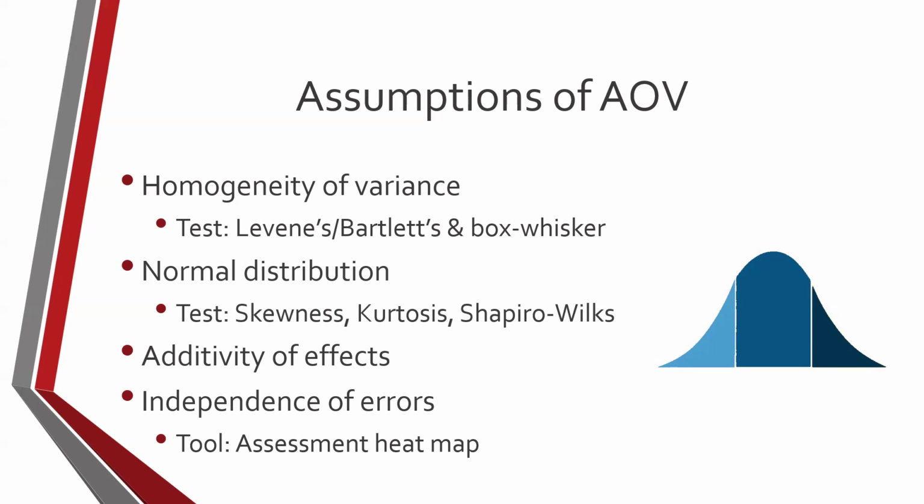Things like edge effects or subjective ratings being influenced, things like that. So the assessment map, the heat map, might be useful to detect some of those types of issues, which we'll see in the data confirmation step. Actually, we'll get to use that tool.